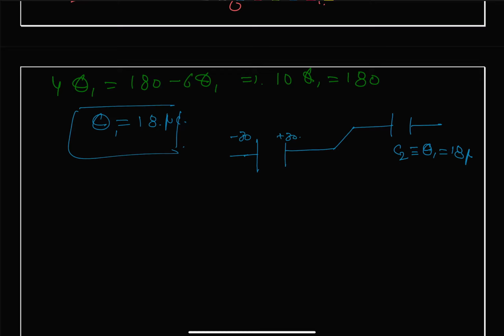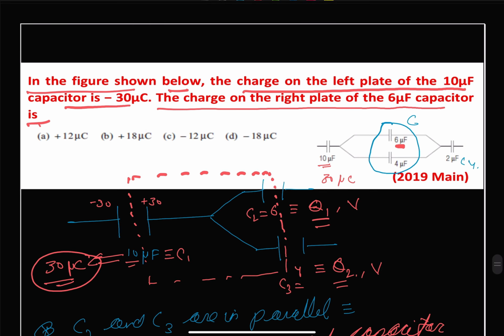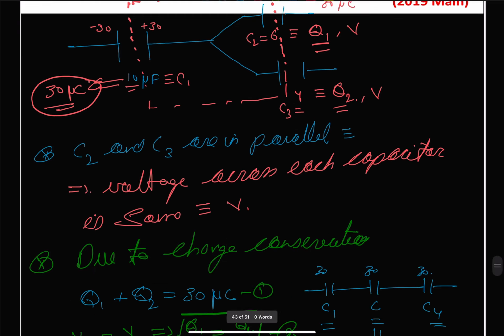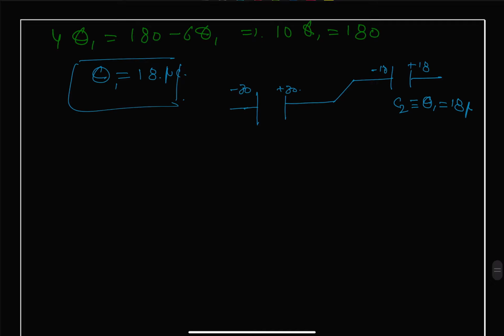Therefore, we are supposed to find out the right plate of C1. So right plate of C1 will be, because this will be plus, so we are going to get this will be minus 18 and this will be plus 18. So right is going to have a plus 18 microcoulomb.